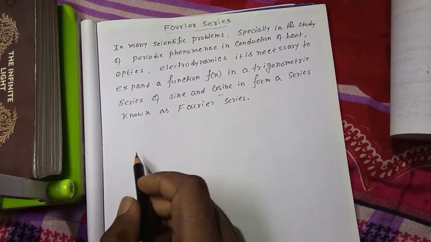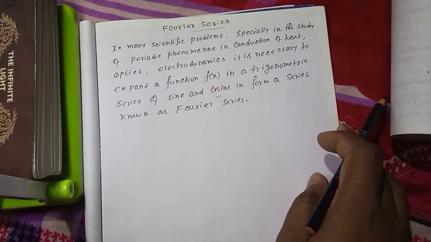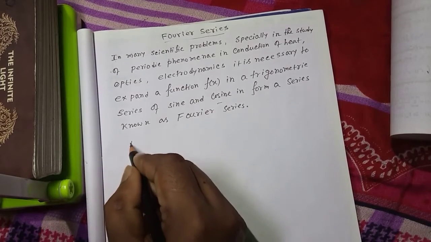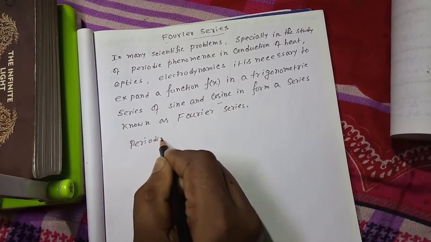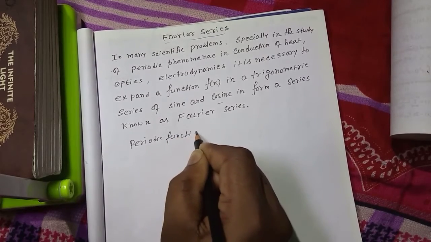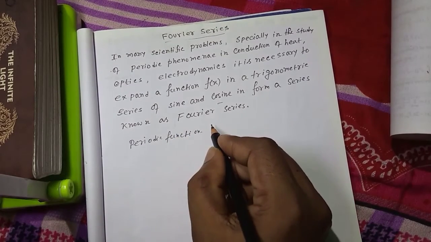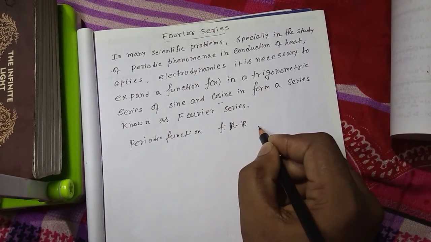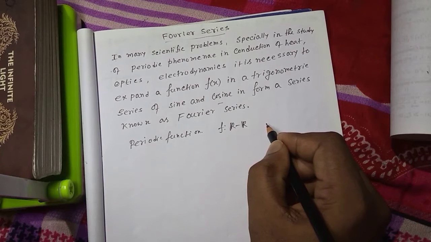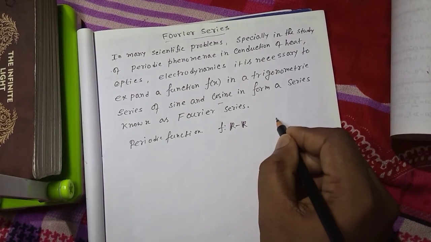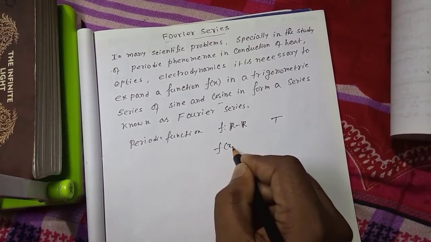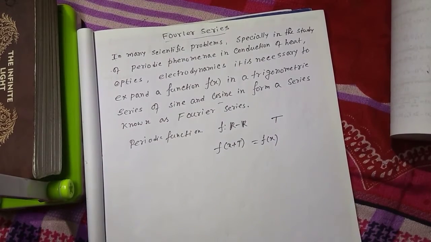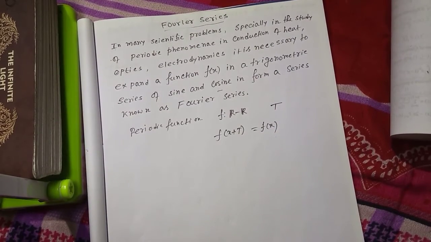Some important definitions to know about Fourier series. We first need to know what a periodic function is. A function f from real numbers R to R is said to be periodic if there exists a positive number T such that f(x + T) = f(x). This T is called the period of the function.